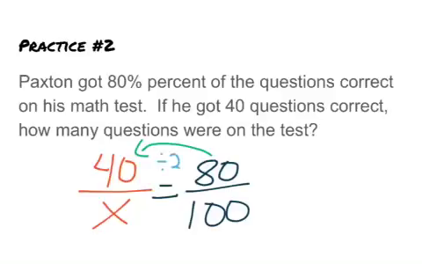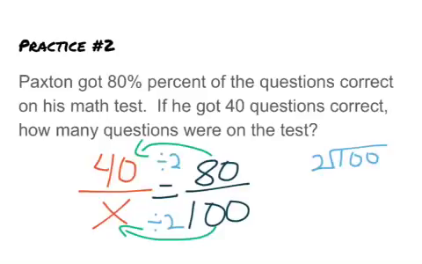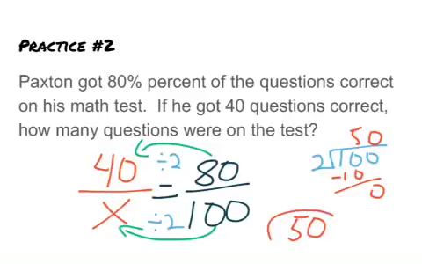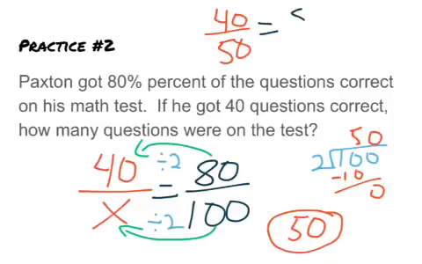We're going to do the same thing this direction, and we're going to divide 100 by 2, or figure out what is half of 100. 100 divided by 2, we're going to get 50. Okay? So the answer is 50. There were 50 questions on the test, because 40 out of 50 is equal to 80 out of 100.